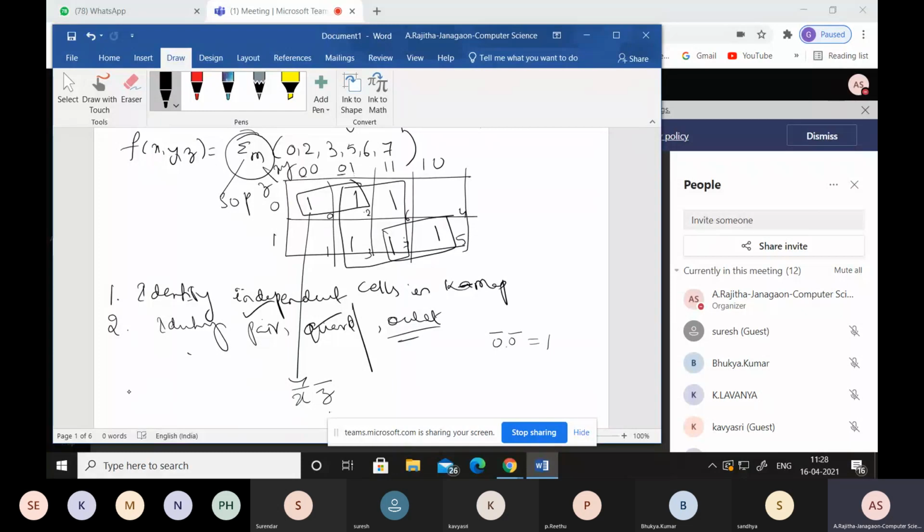That is, for this 0 term and this term, what are the terms? x complement y complement z complement plus x complement y z complement. From these two terms, taking x complement and z complement common, we get y complement and y. So now it is x complement z complement. Boolean identities applied, it comes like this.